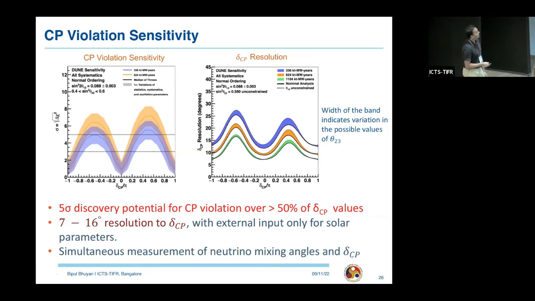But for most of the time, for about 50% of delta CP values, you should be able to do a 5 sigma measurement there. And the resolution that we should be expecting is in the range of 7 to 16 degrees for delta CP. And of course, we're going to rely only on the external input from the solar parameters for this measurement. So we should be able to do the simultaneous measurement of neutrino mixing angles and delta CP in DUNE.